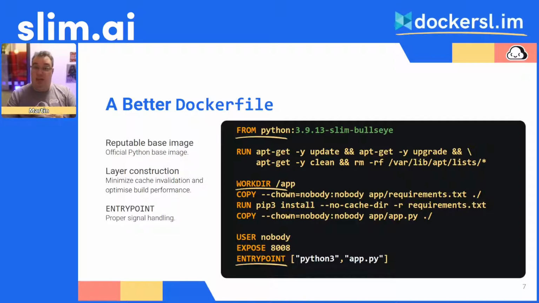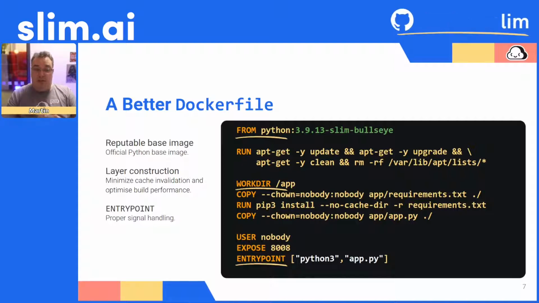It has good layer construction, so this minimizes cache invalidation and optimizes the build performance. Files are copied in only as required. Port is exposed, and it uses an entry point for proper signal handling. This is all stuff we've talked about here in the past. Here it is all collapsed down into one solid example.